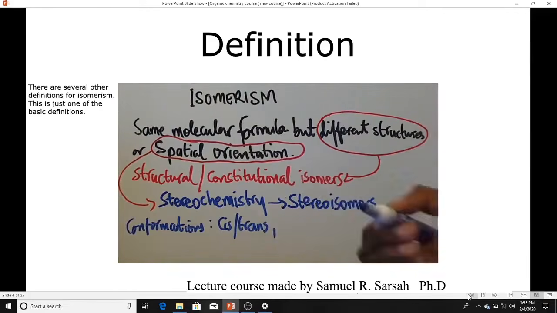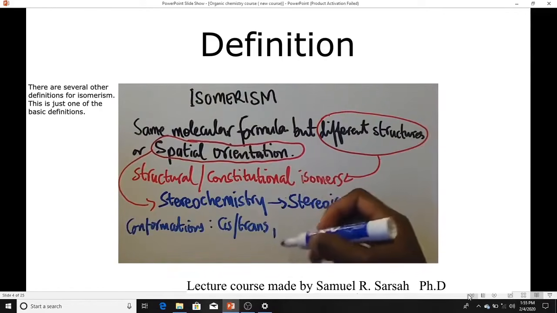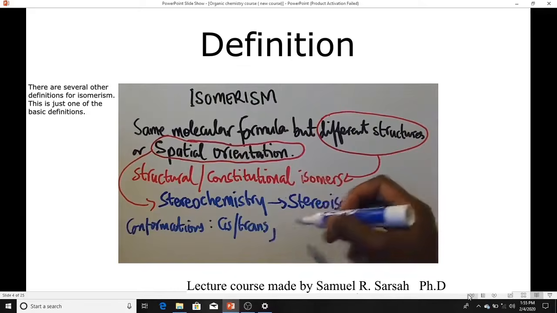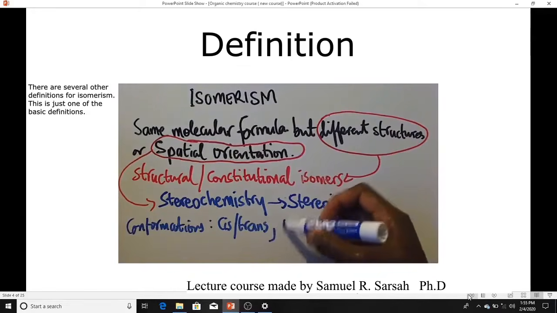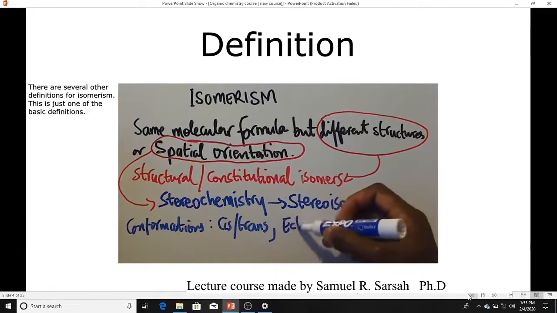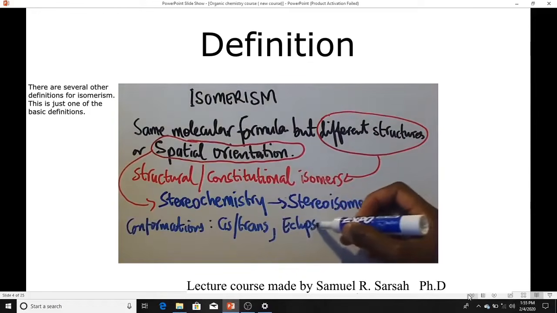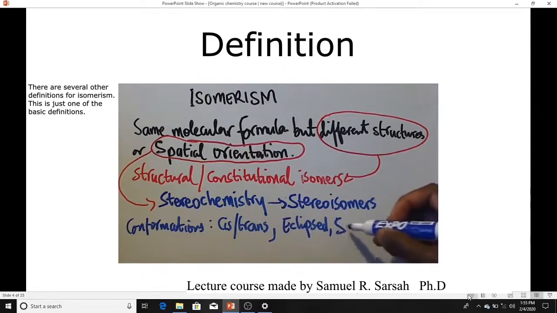Also we can talk about Newman projections, where we have eclipsed or staggered conformers.